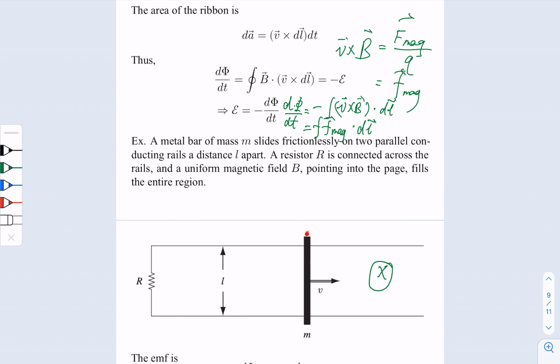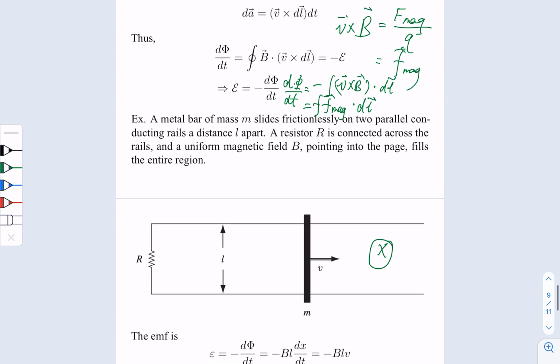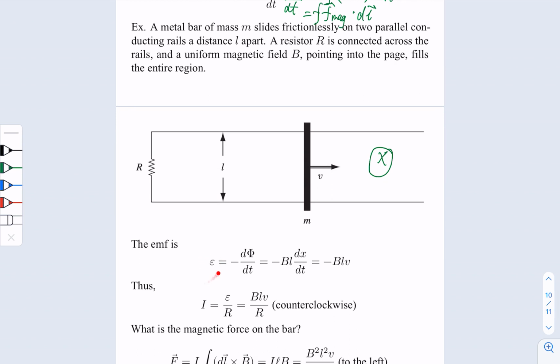Only this black rod is movable, and we put it inside a magnetic field. If this rod moves to the right, it will change the flux, so it will induce an EMF. The induced EMF is simply the change of flux over dt, which is B times the change of area, so it's BL times dx/dt, which is BL times V.